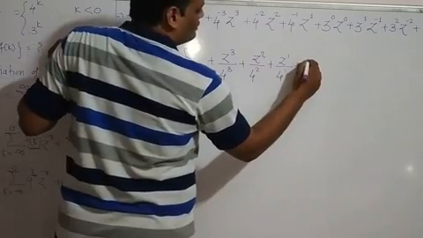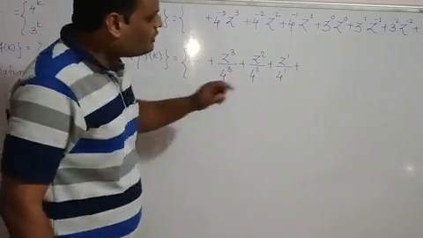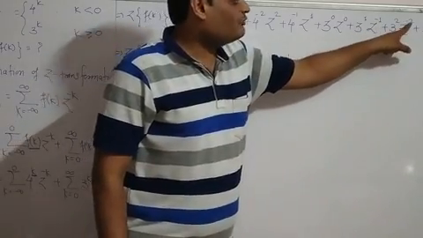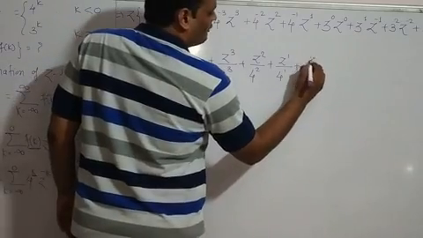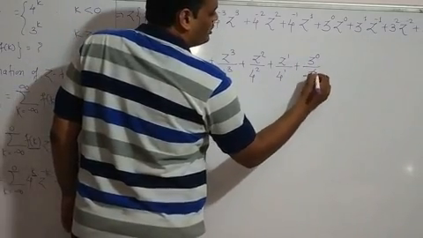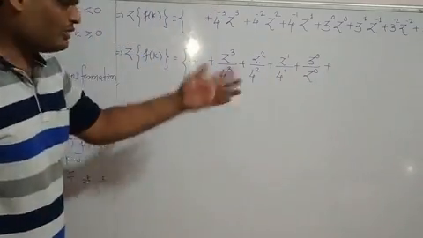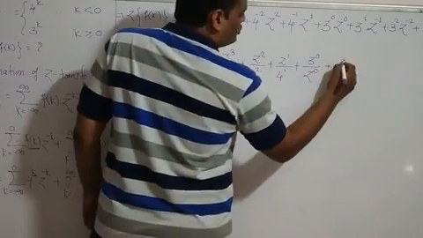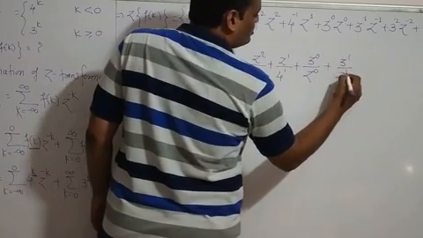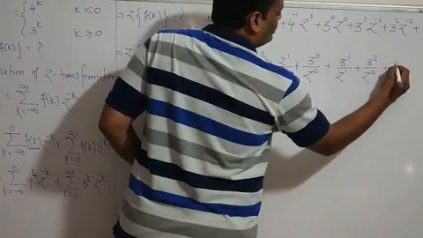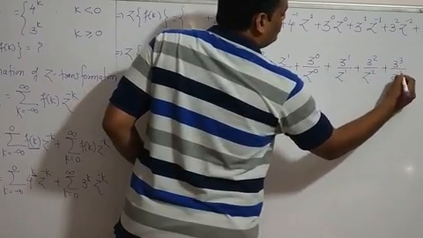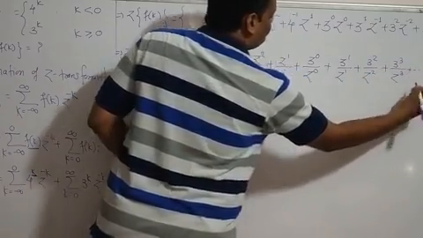Now here you have the power of z as negative. Okay, so I'll take z in the denominator. The negative part you have to make positive. So 3 raised to 0 upon z raised to 0. For 0 you can take plus minus as it is. So you have 3 raised to 1 upon z raised to 1, 3 raised to 2 upon z raised to 2, plus 3 raised to 3 upon z raised to 3, and plus so on.